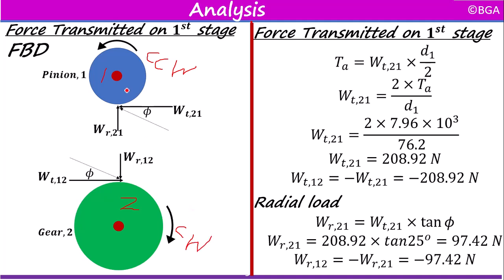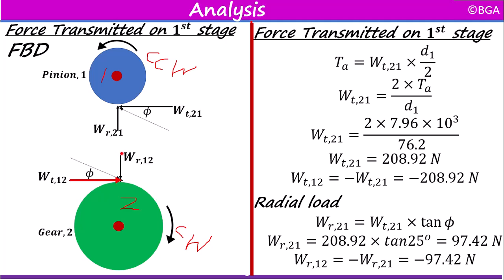This happens because gear 1 applies a force to the right direction like this. So this force WT12 tends to rotate gear 2 in the clockwise direction.